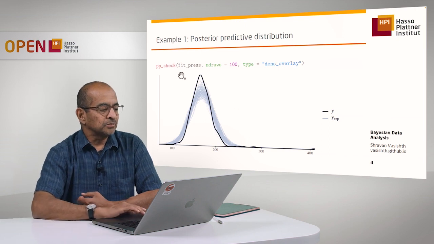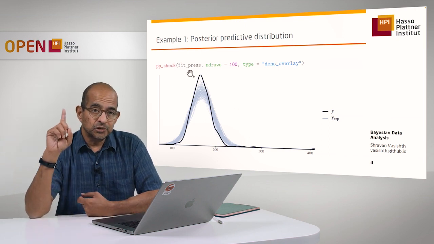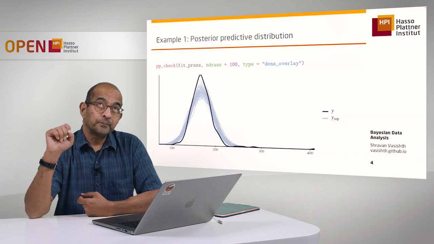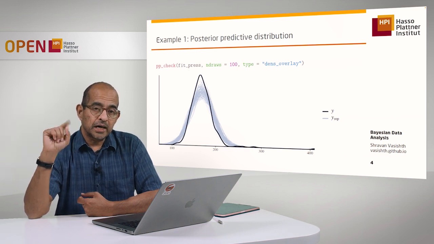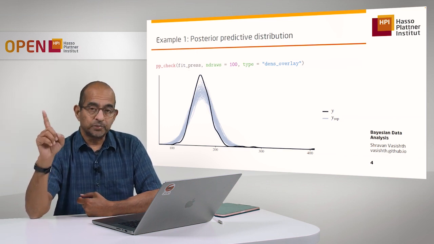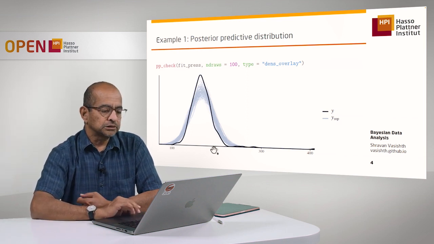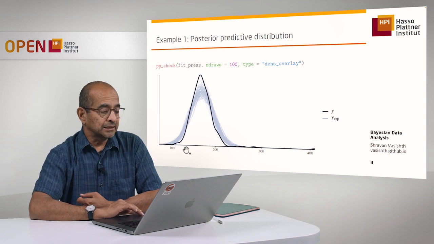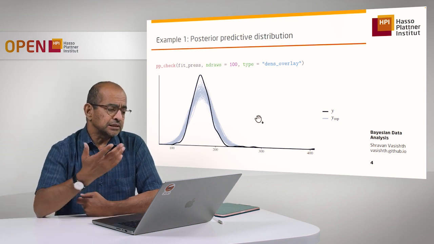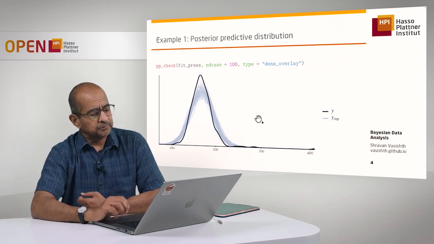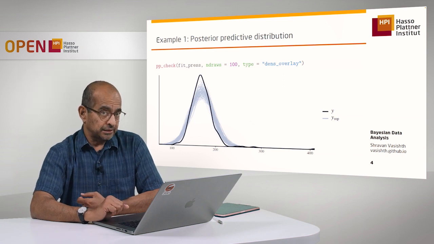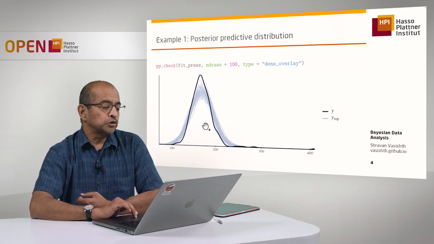So this was the original model that we fit with the uniform 0 to 20,000 prior on the mu parameter, okay? And so we are looking at posterior distributions of the data given those prior specifications. And you can see that the model is basically producing reasonable data relative to the observed data.